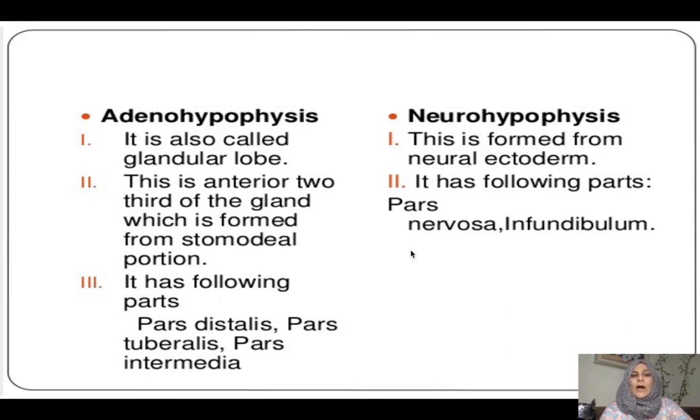The adenohypophysis is formed by pars distalis, pars tuberalis and pars intermedia, while the neurohypophysis consists of pars nervosa and the infundibulum, and before it the median eminence.